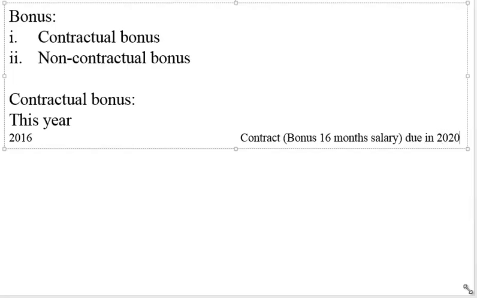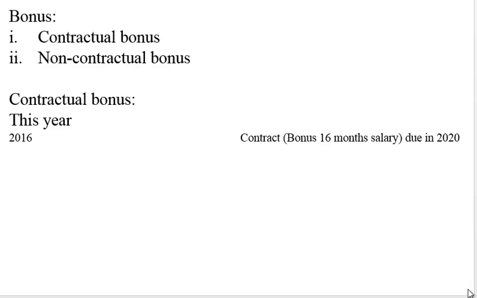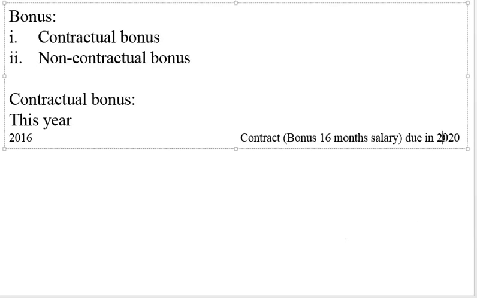Even if I don't get paid in 2020, it will automatically become taxable in 2020, because the contract says it has to be paid in 2020.